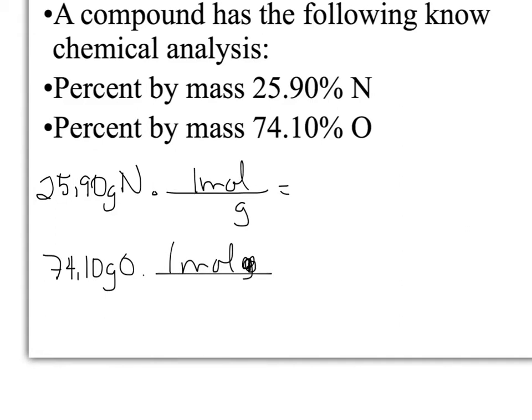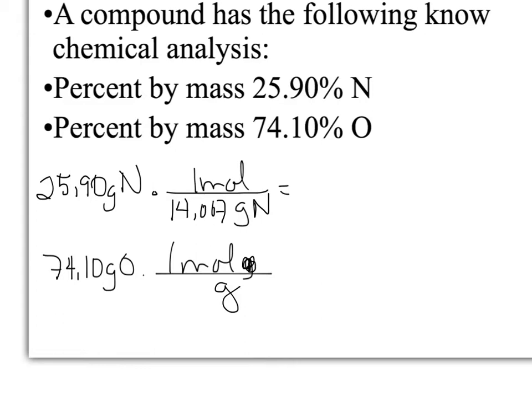So, grams on bottom. All right, so how many grams of nitrogen are in 1 mole of nitrogen? So you look at your periodic table, and it's 14.007. So then we would divide.